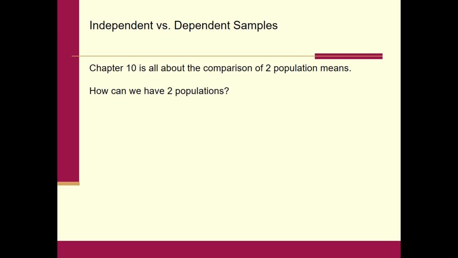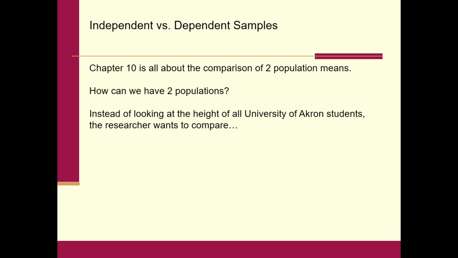Maybe the researcher wants to just simply compare groups. Let me give you an example. Instead of looking at the height of all University of Akron students, the researcher wants to compare the heights of all University of Akron males versus the heights of all University of Akron females.